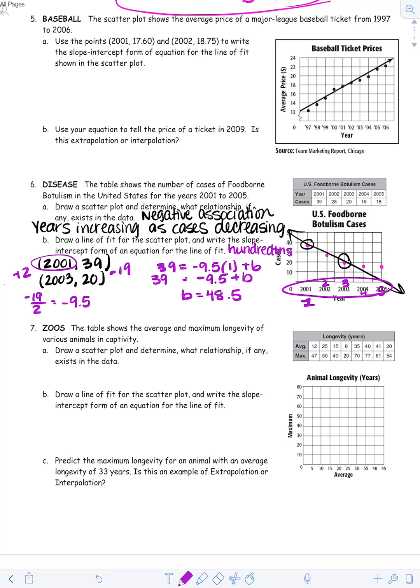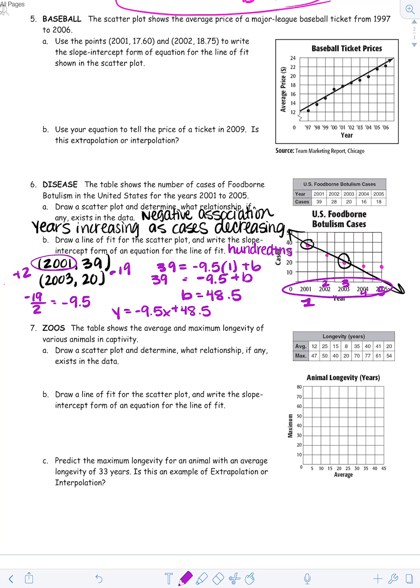So based off of my graph, that looks like it makes sense. So I got negative 9.5x plus 48.5.